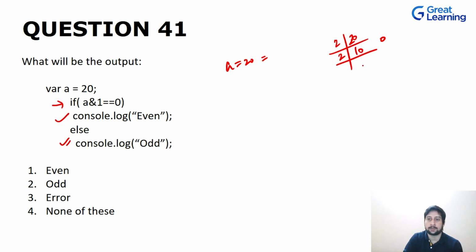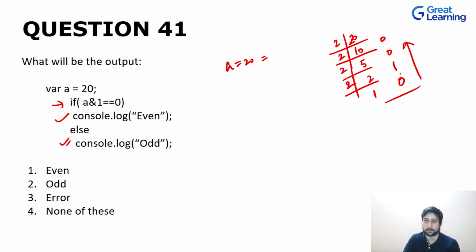Then you divide it again by 2, you get the remainder as 0. Then doing it again, 5 divided by 2 is 2, remainder is 1. Then 2 divided by 2 is 1, and remainder is 0. Now you go from bottom to top, and the output will be 1 0 1 0 0. This is how you do the binary conversion of this number, which is simple, right?